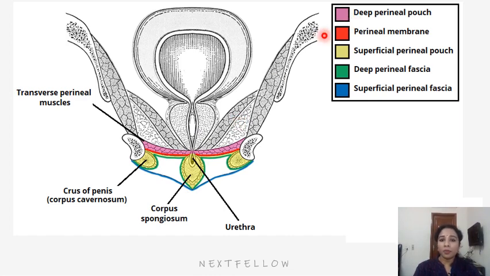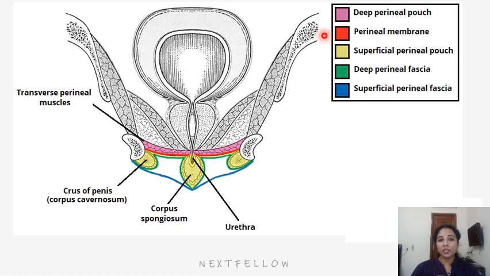The posterior margin of the perineal membrane is fused centrally with the perineal body. The perineal membrane is pierced by the urethra in males and by the urethra and vagina in females. Above the perineal membrane, the urethra is surrounded by the voluntary sphincter, the urethral muscle, and in females the sphincter is also pierced by the vagina.